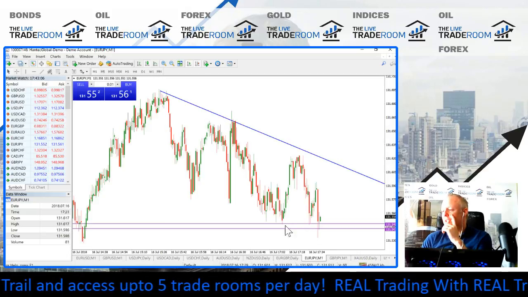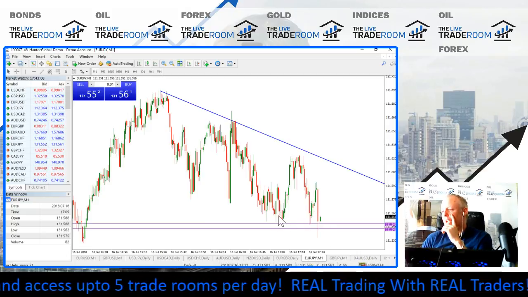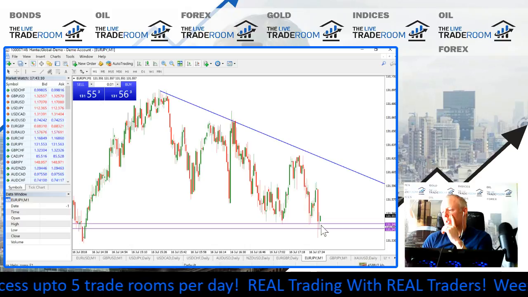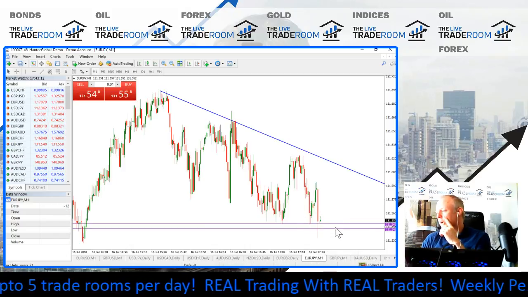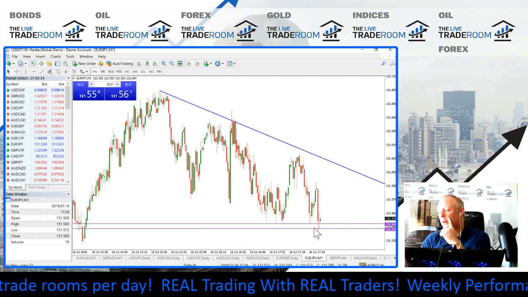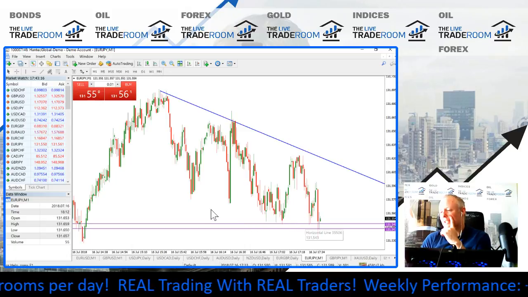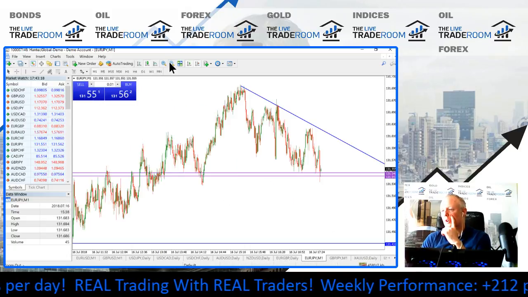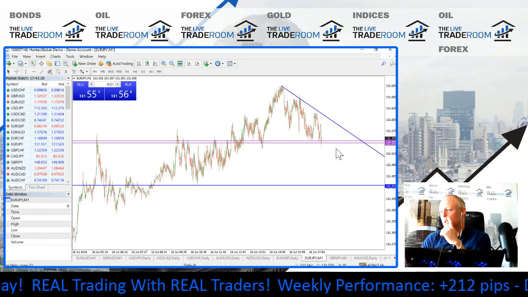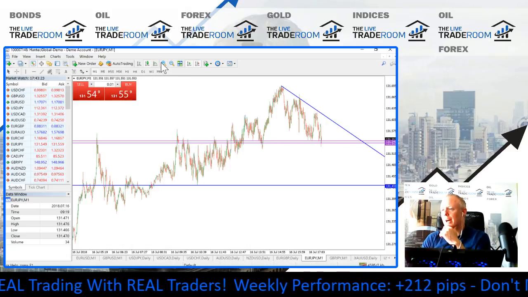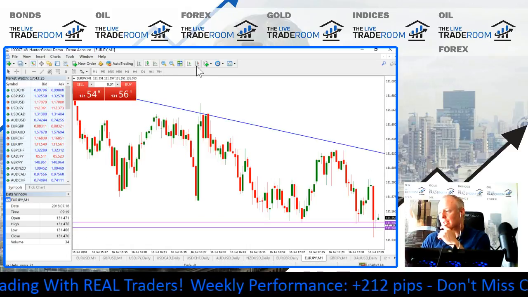So what's very interesting to see is the fact that this market has failed to break below the 131.54. That's quite significant because we know it's a strong level of support and resistance. Yes, it might peek through, but it needs to close beneath those levels for us.